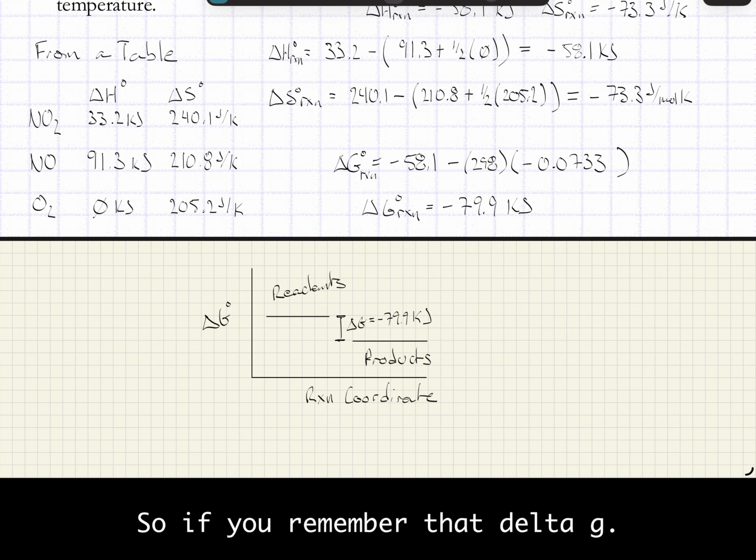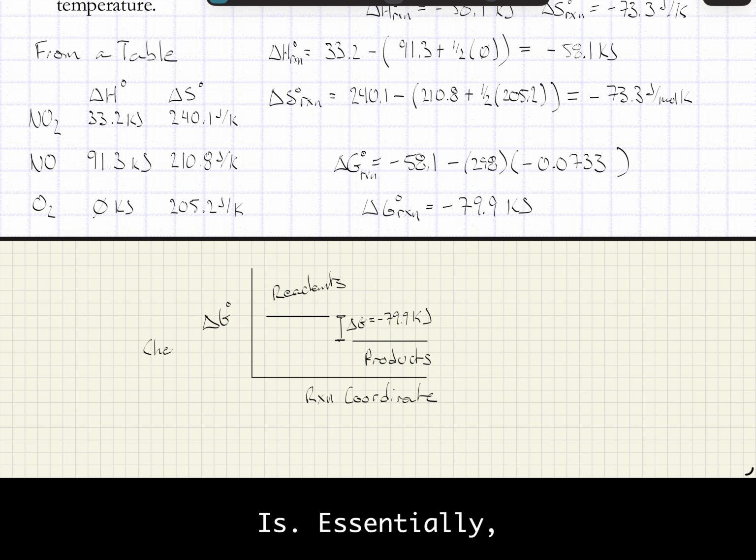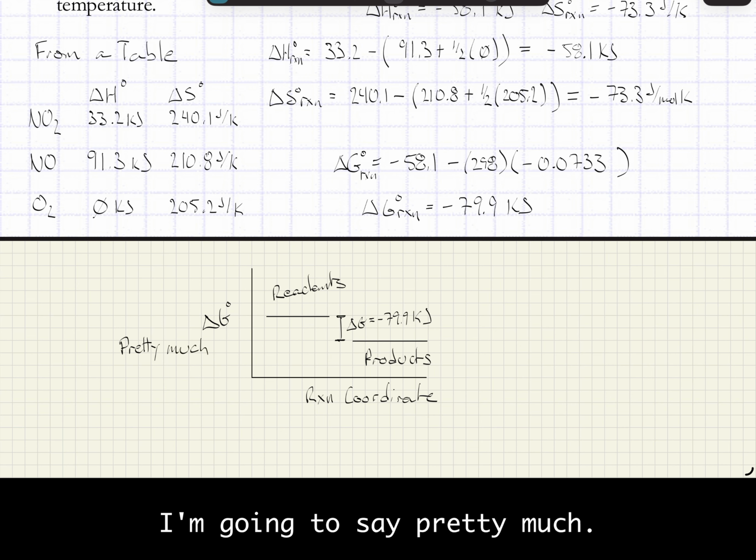So if you remember that delta G is essentially, well, I'm going to say pretty much chemical potential.